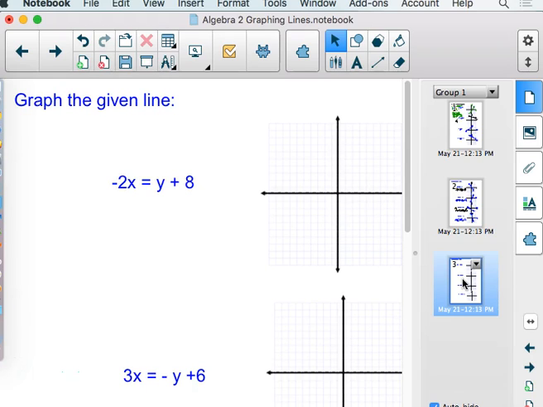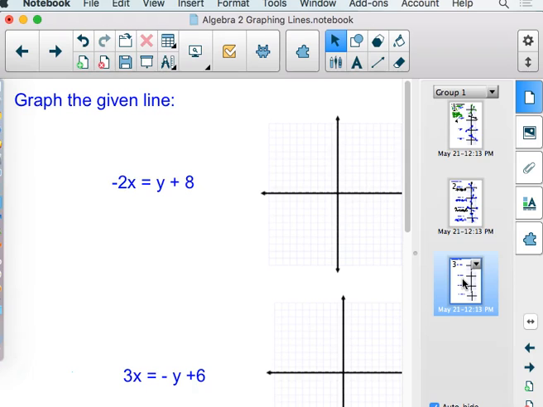Well, we just figure out how to move stuff around and make it. So the first thing I do when I look at this one is I think, you know what, if I move that y over, this would be in standard form and this would be really easy. But some people would look at that and say, ooh, if I move that 8 over, now it's y equals mx plus b. So, which way did you think?